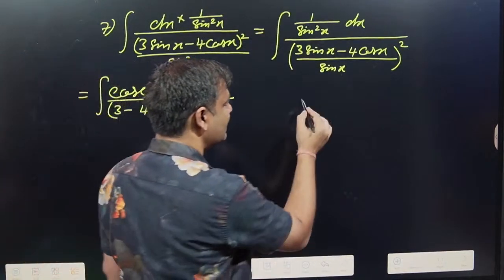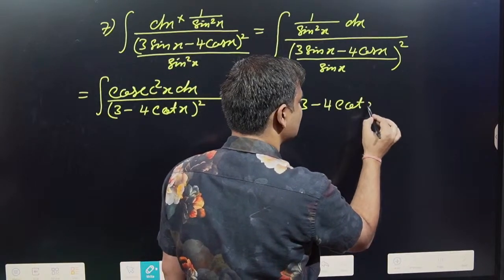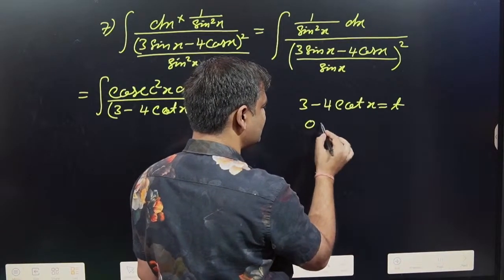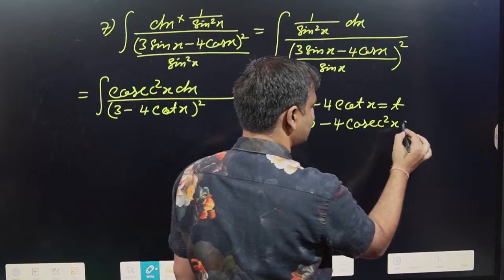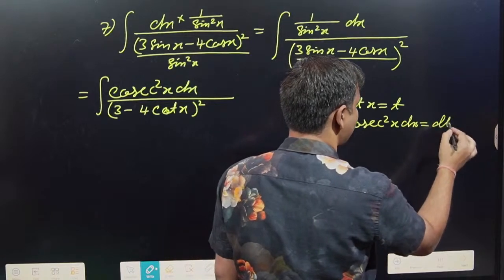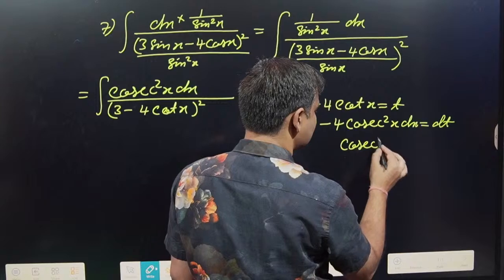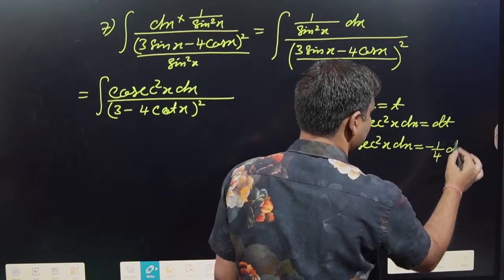Okay, 3 minus 4 cot x is equal to t. If we differentiate both sides, this one is 0, and here minus 4 cosec square x dx is equal to dt.